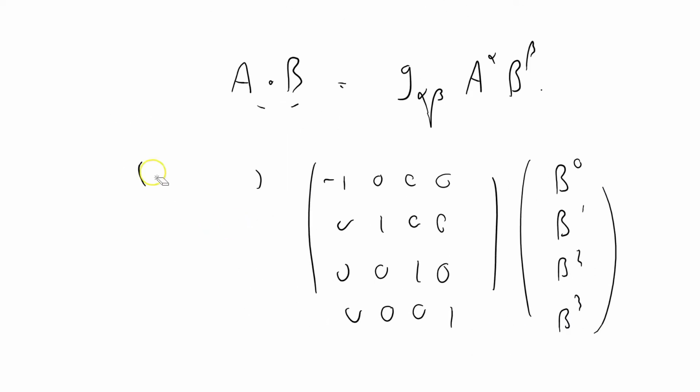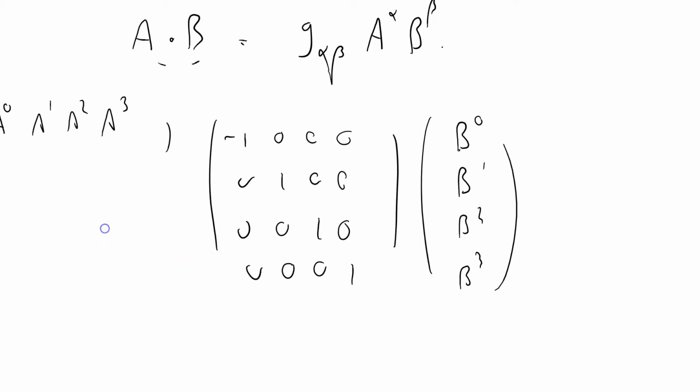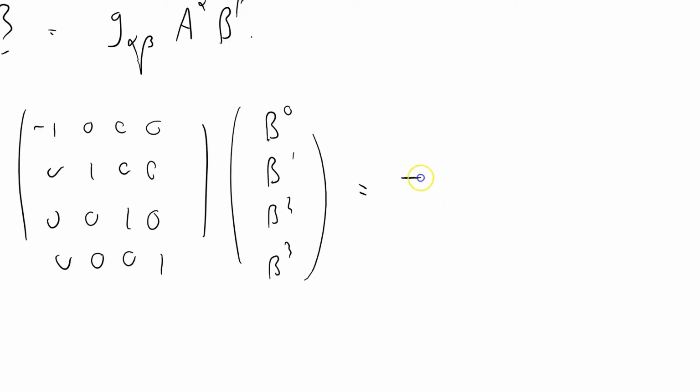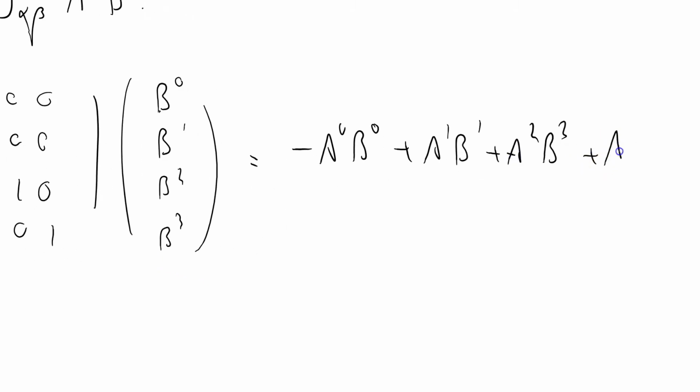Every time I do this it pains me because I want to put the time coordinate last and it comes first. A0, A1, A2, A3. And that of course equals minus A0 B0 plus A1 B1 plus A2 B2 plus A3 B3.